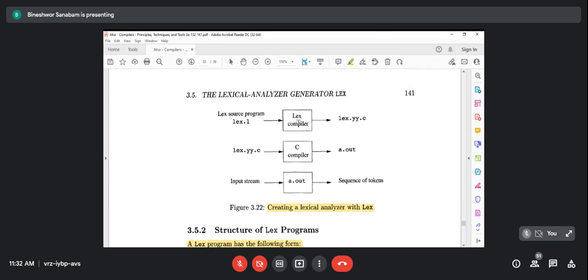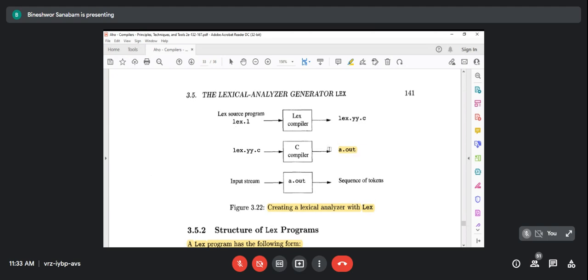Then it has to be compiled with the Lex compiler, and it will generate a file as output, that is lex.yy.c. Once we have lex.yy.c, we give it to the C compiler. Every time the C compiler compiles, it gives the output in the file a.out.